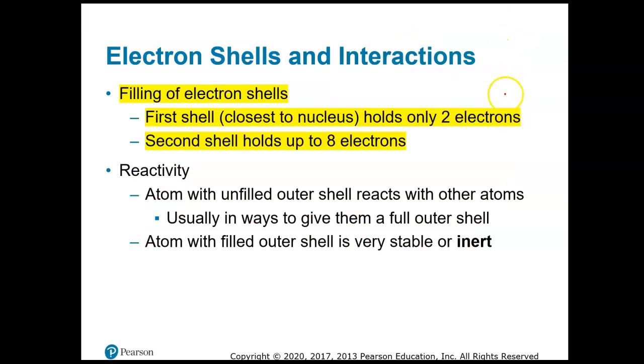So this is the rule of how it works. The way that electron shells fill is that the first shell fills first, and it's the one closest to the nucleus, and it holds only 2 electrons. The second shell and every shell after that holds up to 8 electrons. Because, you know, some of the atomic numbers are in the hundreds or like the high 90s, and that means they have that many protons.